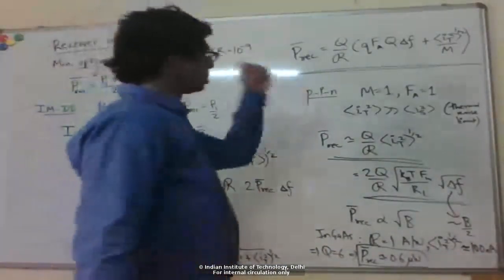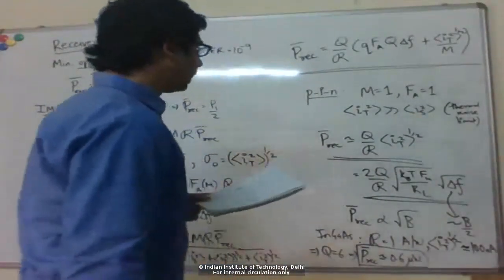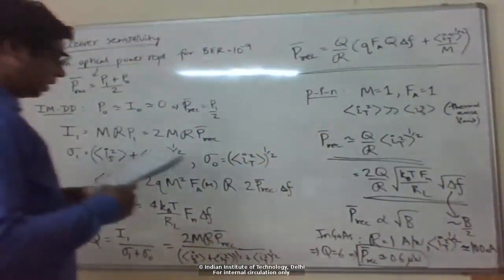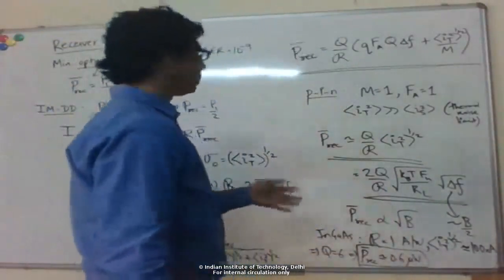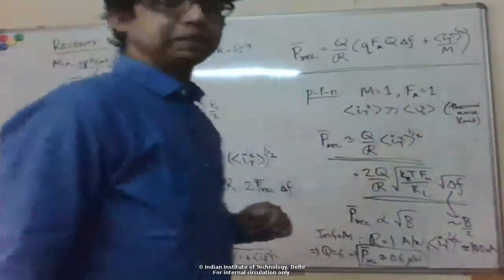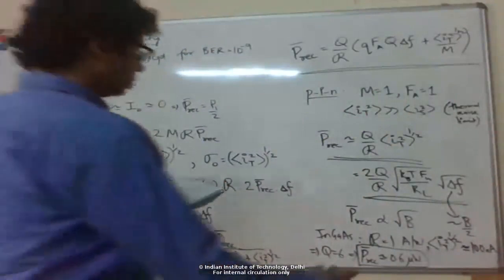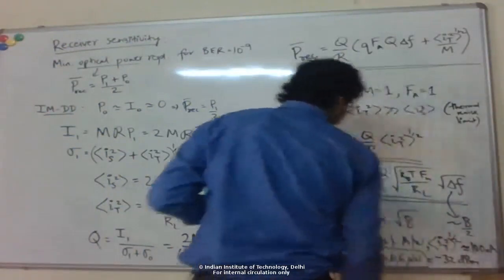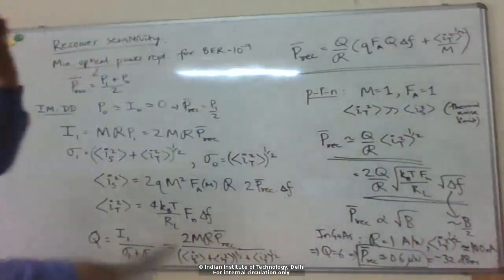If you use a standard PIN photodiode as the receiver, typically the power I need is about a microwatt, and if my power is about a microwatt or higher, I can achieve 10 to the minus 9 BER operating in the thermal noise limit. This is about minus 32 dBm. So 1 microwatt is about minus 30 dBm, right?